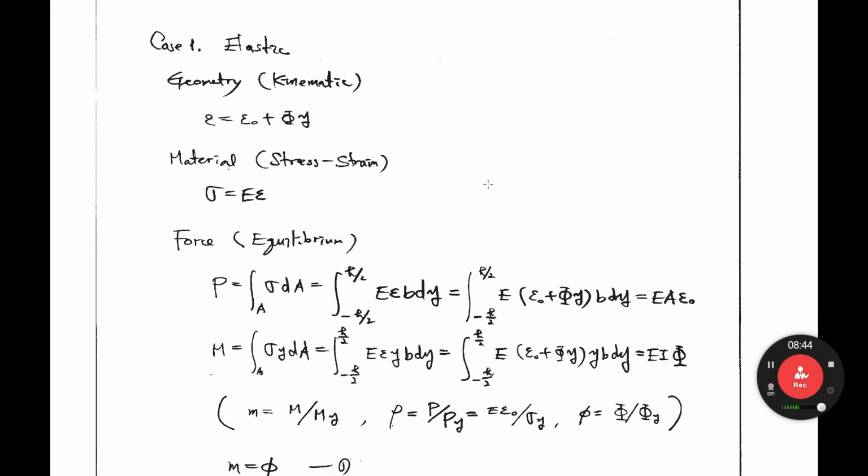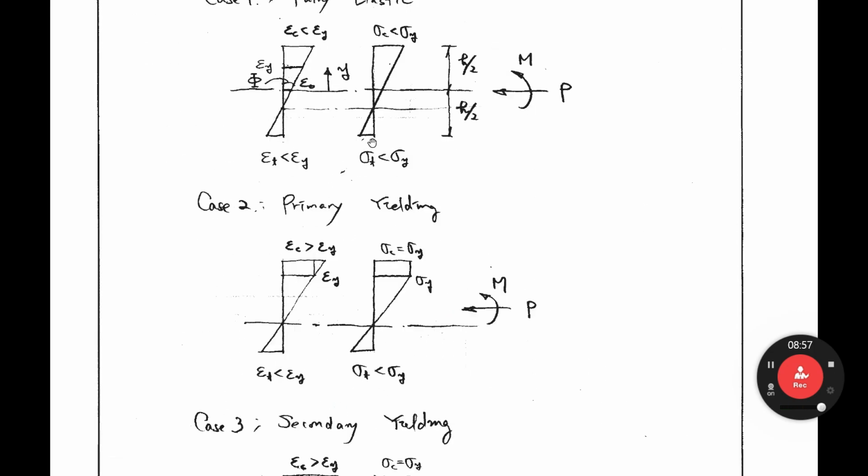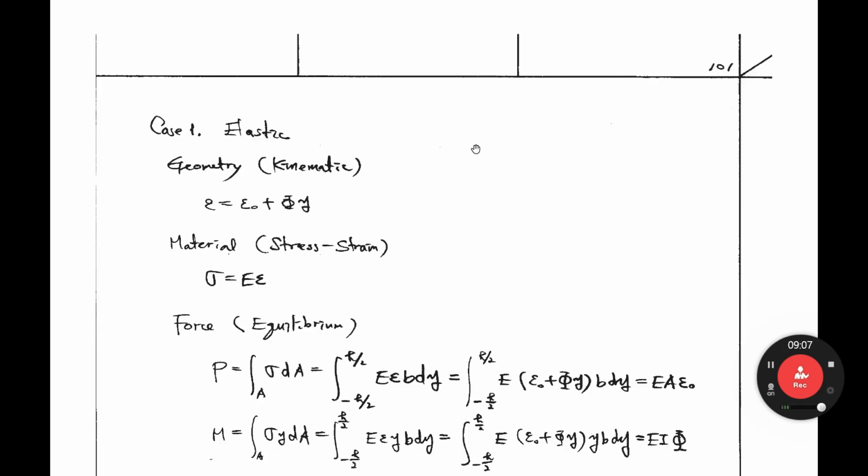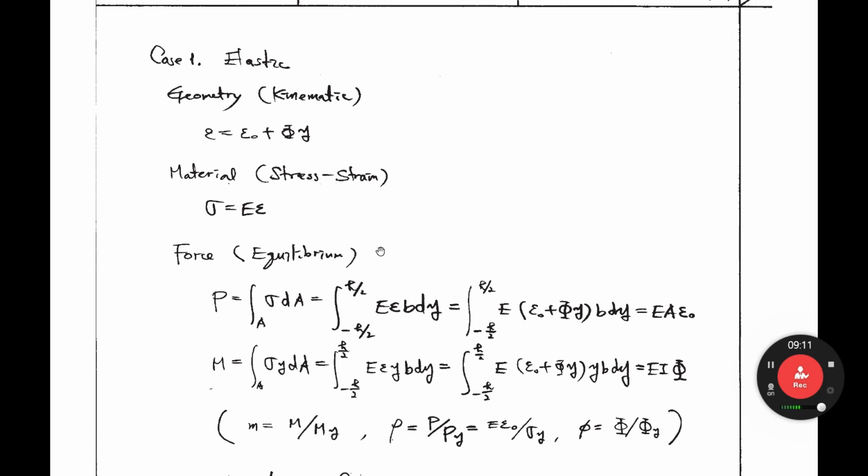Material means the stress-strain relationship. Case 1 is the elastic case, so stress equals elastic modulus E times epsilon. That is the material relationship. Another term is force equilibrium. So when we derive the equation, we usually use geometry, material, and force relationships: kinematic, stress-strain, and equilibrium equations.